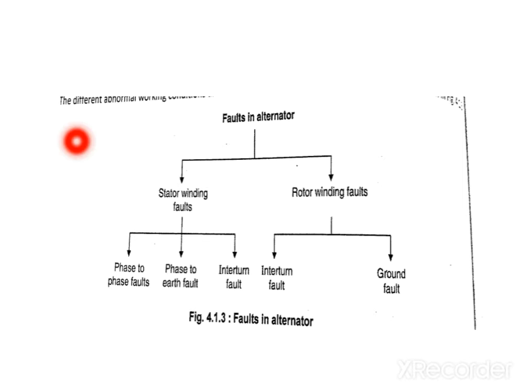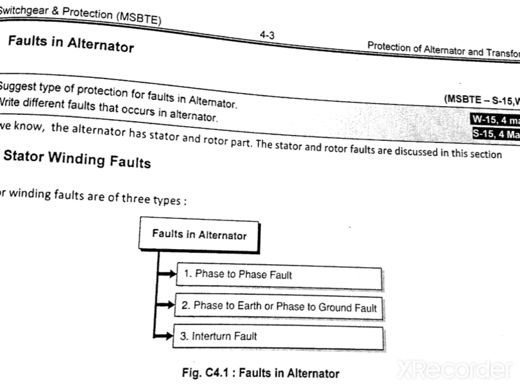Firstly, we are discussing the stator fault and rotor fault. The stator faults consist of phase-to-phase fault, phase-to-earth fault, and interturn fault. The phase-to-phase faults occur rarely. If the insulation between stator windings is damaged, then two phases are bridged and a short circuit takes place.